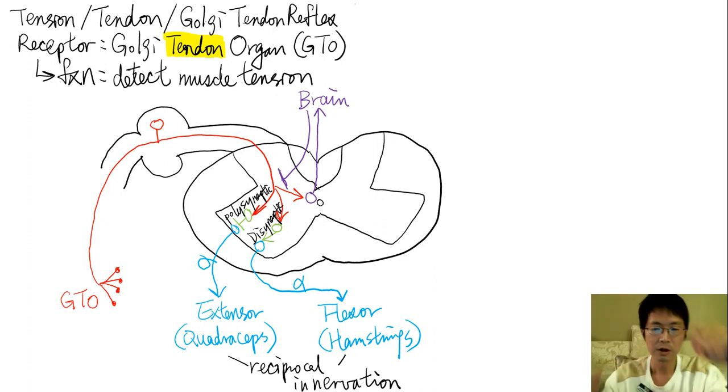When you stimulate the tendon, it prevents the same muscle from overstretching. In other words, the Golgi tendon organ, extensor, and also the flexor as well, they are also ipsilateral.